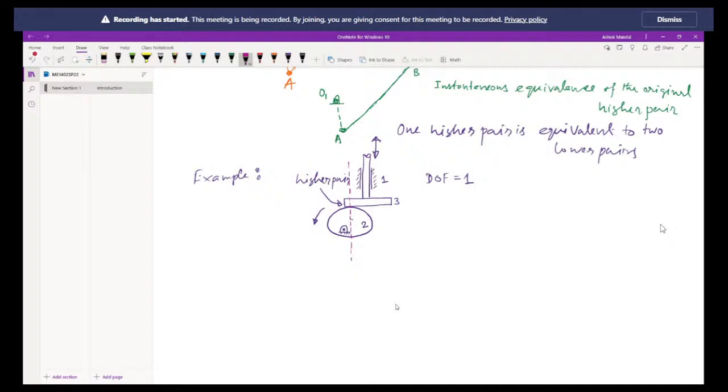Can you see this point I'm drawing here?